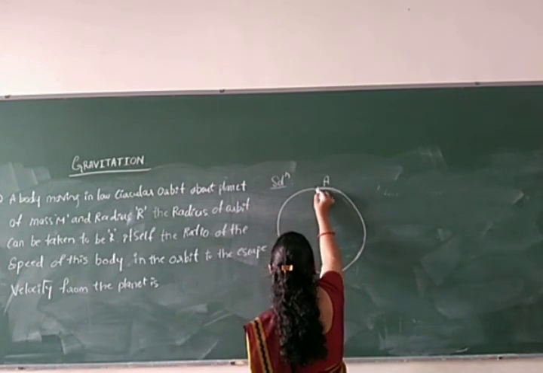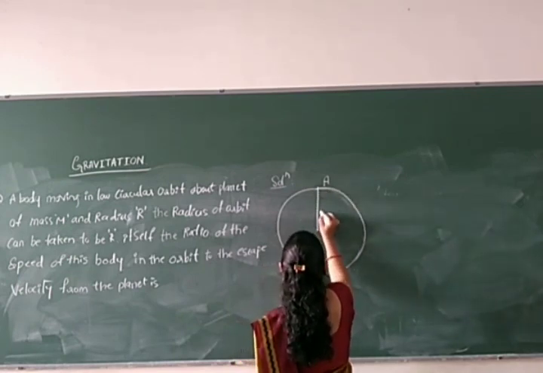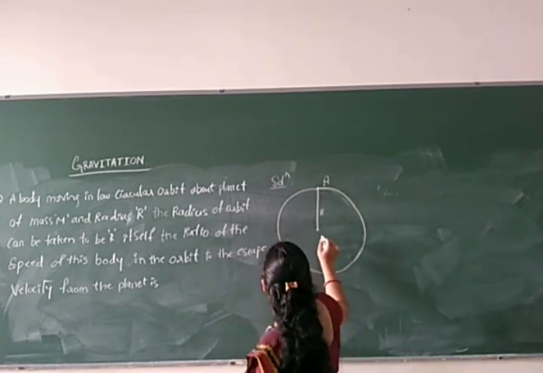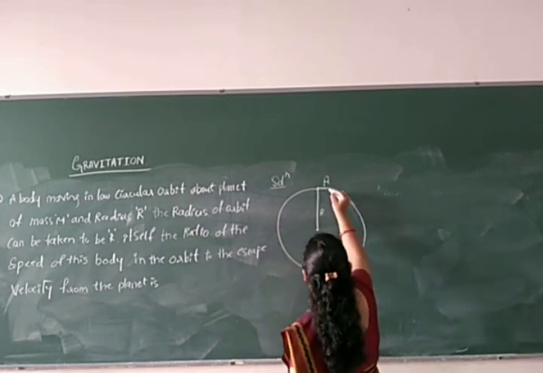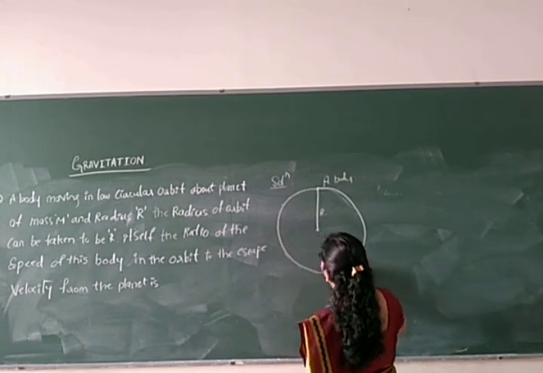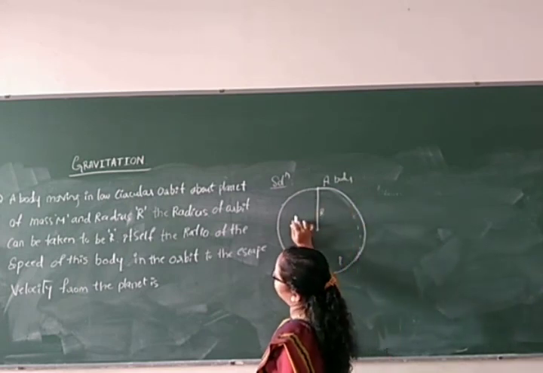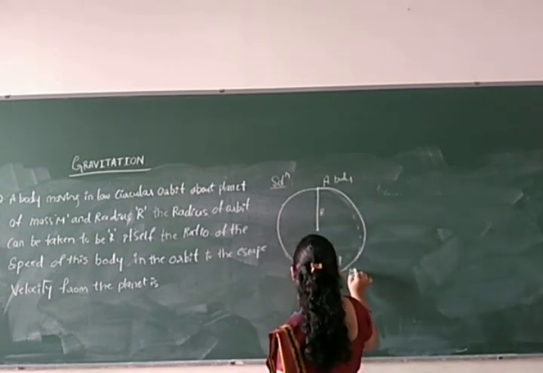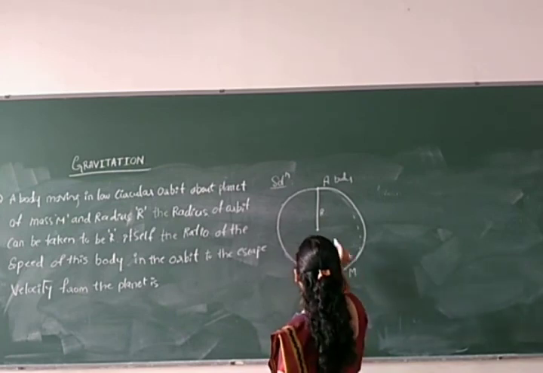Its radius will be r, the radius of the planet, and this is body A. It is revolving about a planet of mass m and radius r.